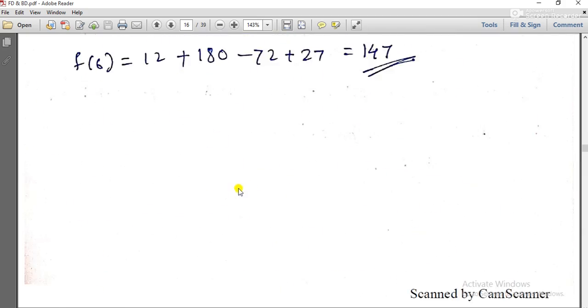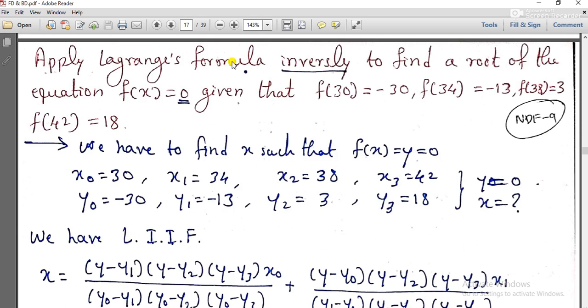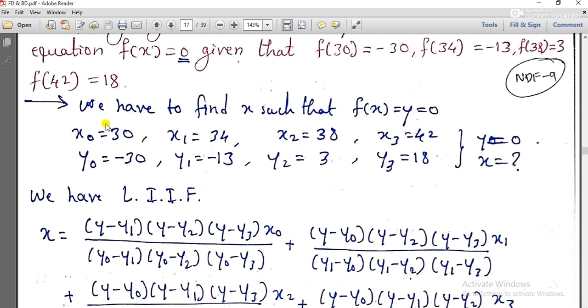And what about the inverse interpolation formula? Apply Lagrange's formula inversely to find a root of the equation f of x is equal to 0, given that f of 30 is minus 30, f of 34 is minus 13, f of 38 is 3, f of 42 is 18.